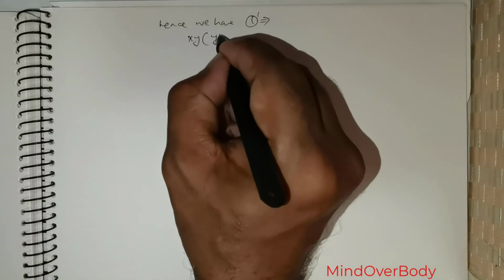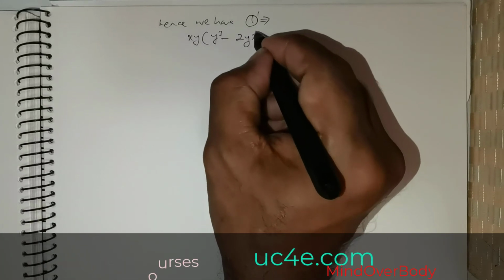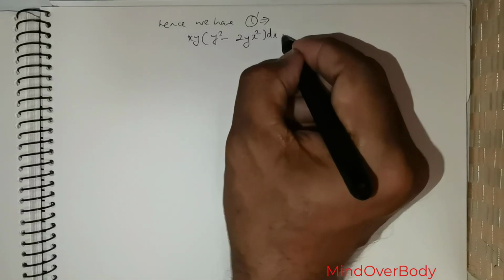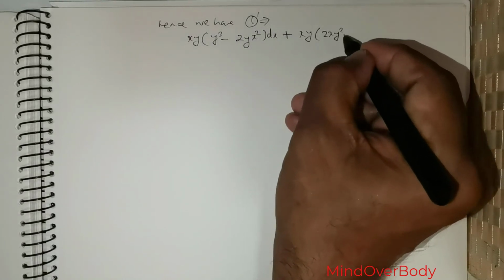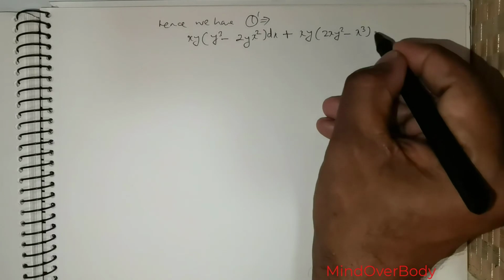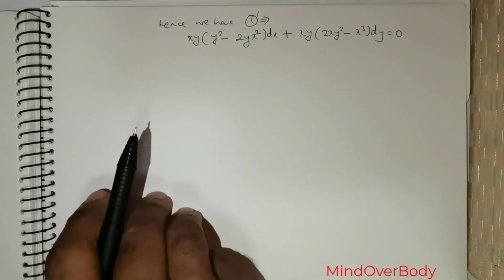xy times (y cubed negative 2 times y x squared) times dx positive xy times (2 times xy squared negative x to the power of 3) times dy is equal to 0. Right?